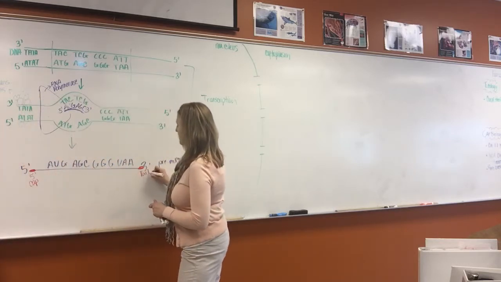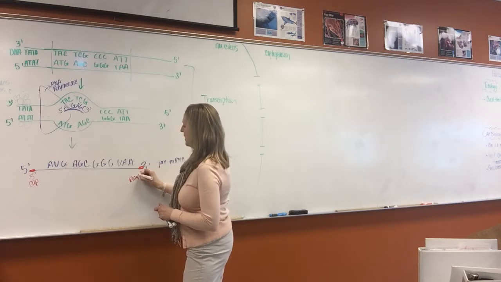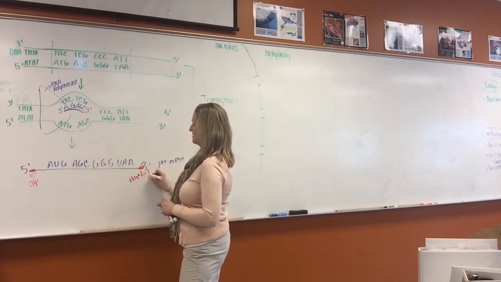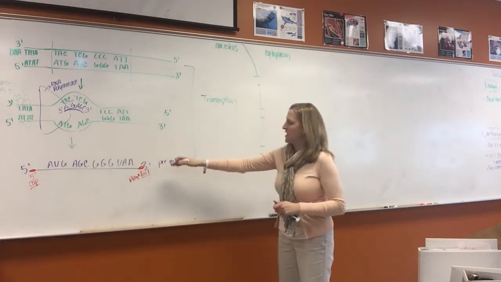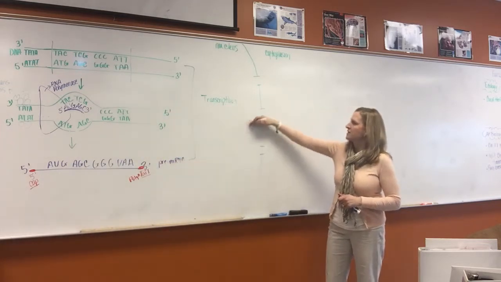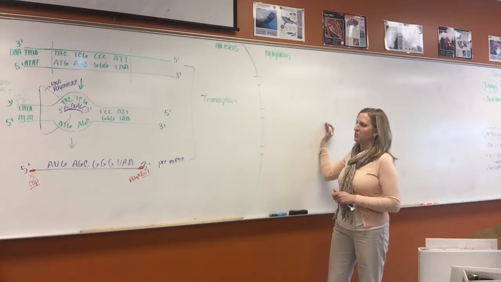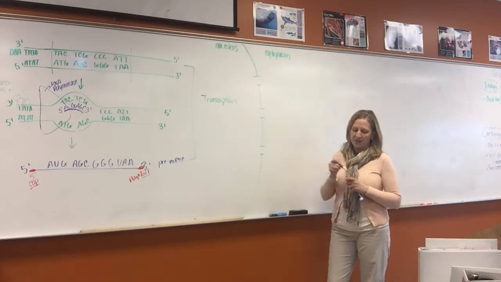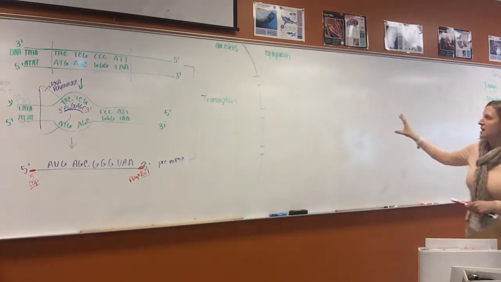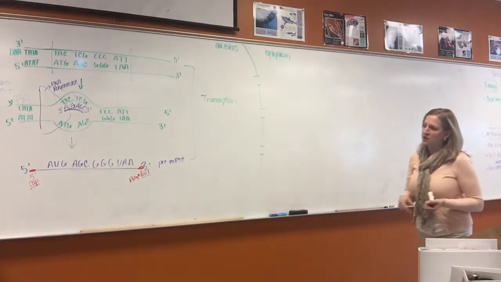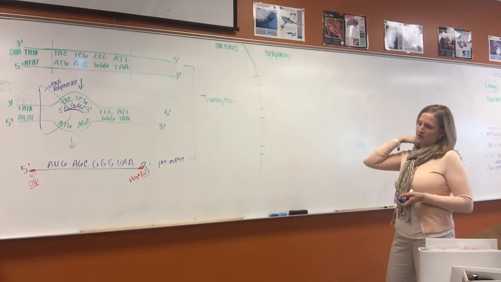It's called the poly A tail because it has lots of A's. The purpose of the cap and tail is, as we said, the mRNA is eventually going to go out into the cytoplasm, and the cap and the tail help to protect it from being broken down by enzymes in the cytoplasm. So that's one of the things we do.